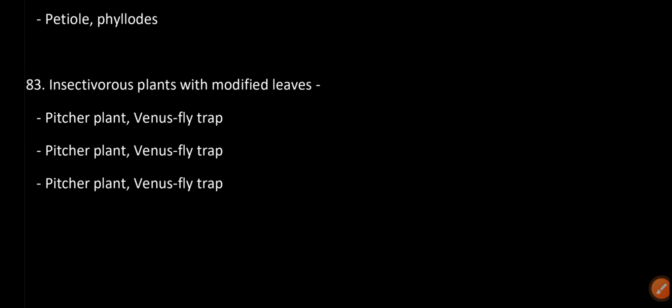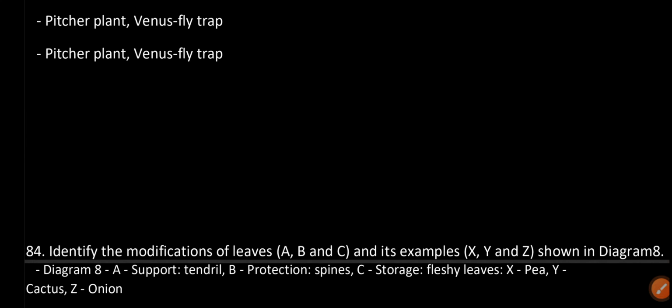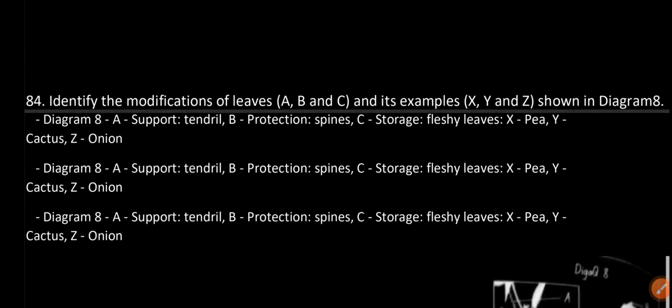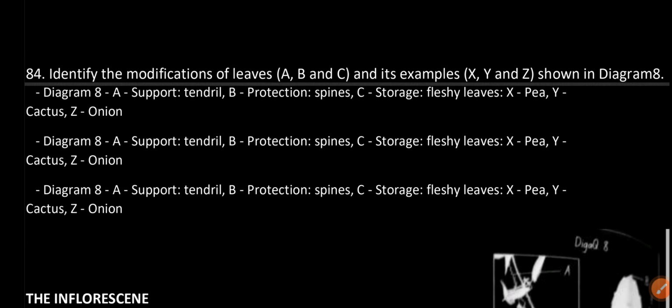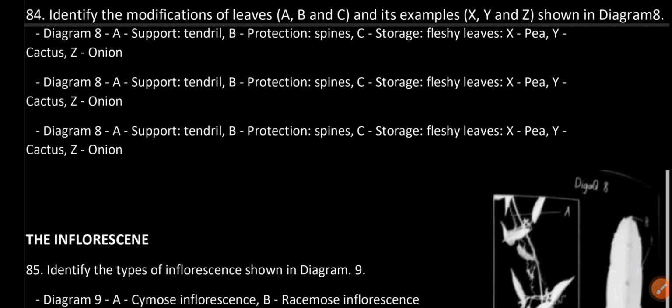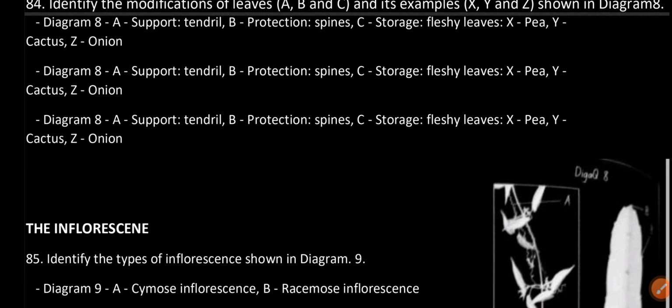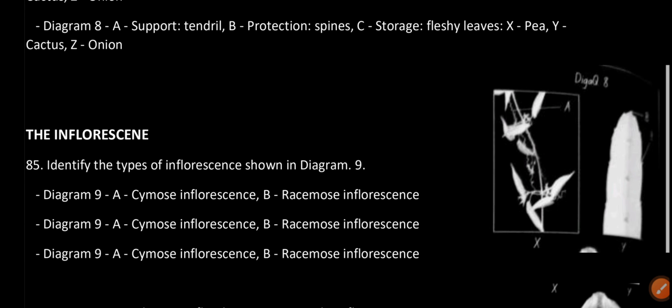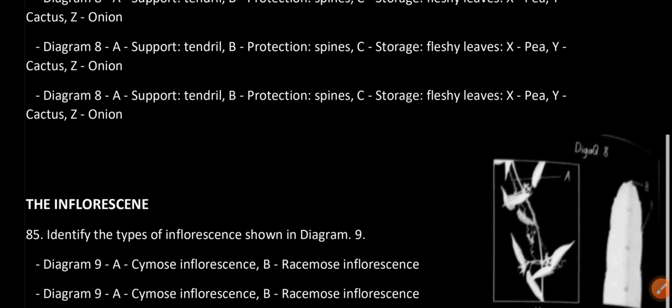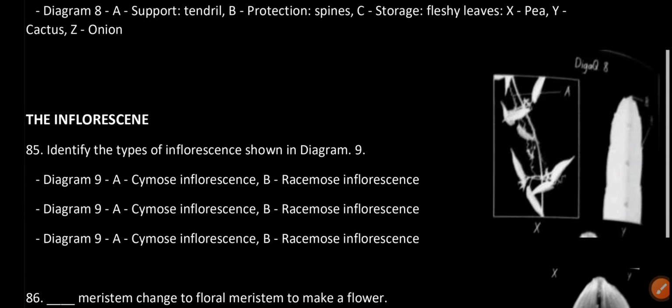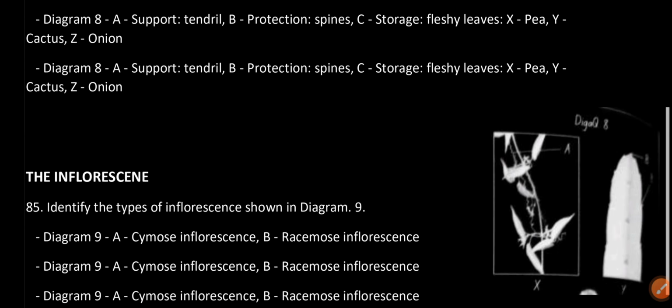Insectivorous plants with modified leaves: pitcher plant, Venus flytrap. Identify the modification of leaves A, B, C and its example X, Y, Z shown in diagram 8. A is support, tendril. B is protection, spines.